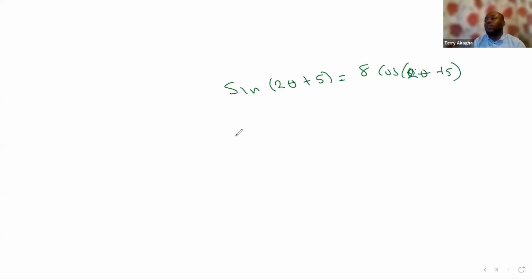Or I can solve something like 2 tan theta plus 8 is equal to something. So we're going to play around with questions that have something like this. I have solved questions like this earlier, so you can go back and have a look at it.